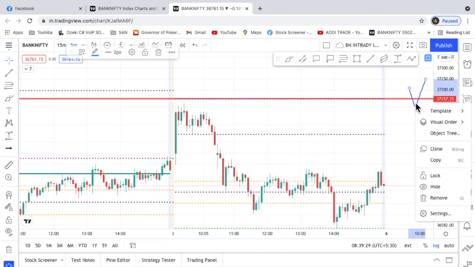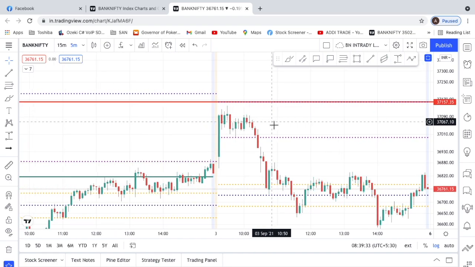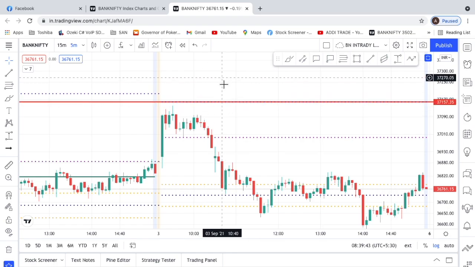But in options, if you're an intraday trader with less capital, you can't keep a 100 point stop loss. If you have 4 lots and a 100 point stop loss, you'll be losing 10,000 rupees. So we need to have a very tight stop loss.